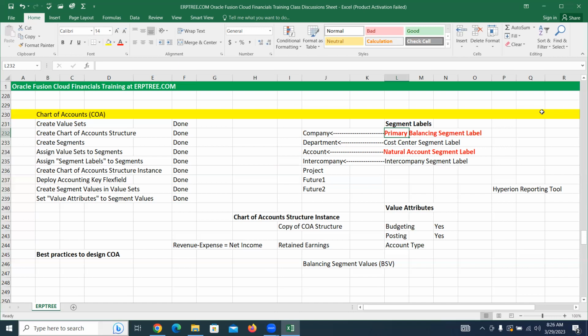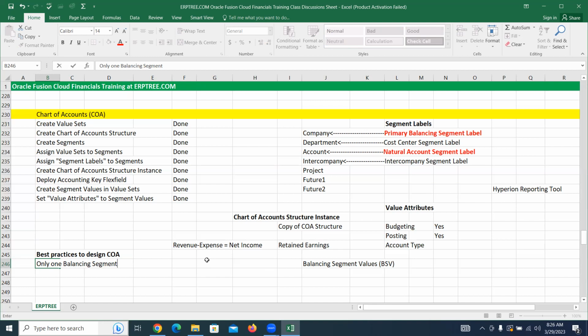As a consultant, knowing how those create the issues, don't suggest them. As a best practice, you suggest them to have only 1 balancing segment in the chart of accounts.